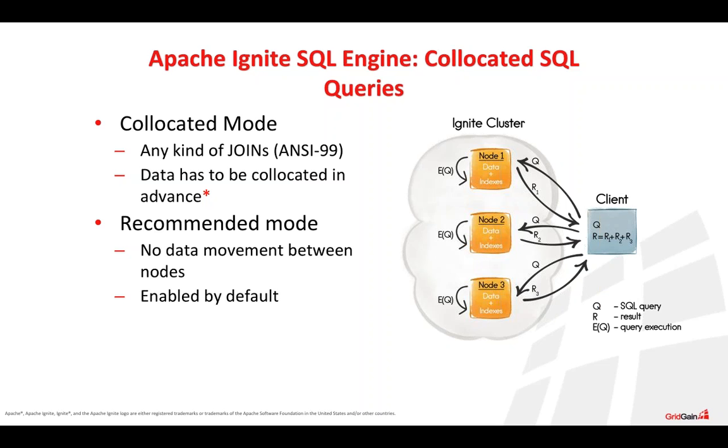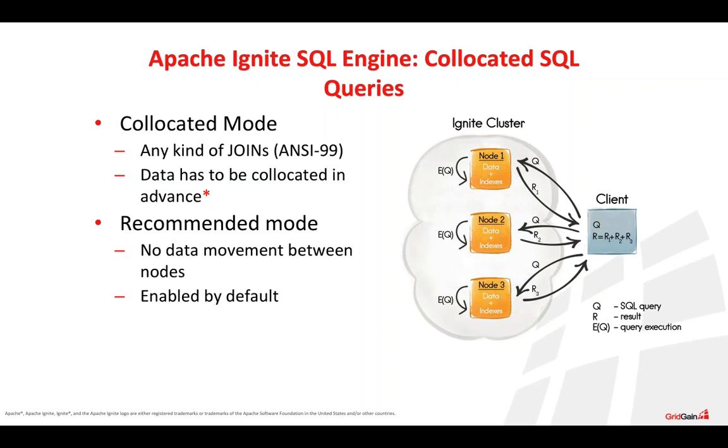In fact, the flow shown on this picture is called collocated queries mode, meaning that the query executed from the client side may join data between different caches. Let's say it may join data between the caches that store data for organizations and for employees.